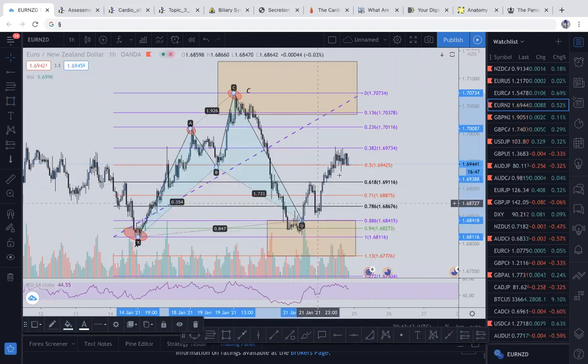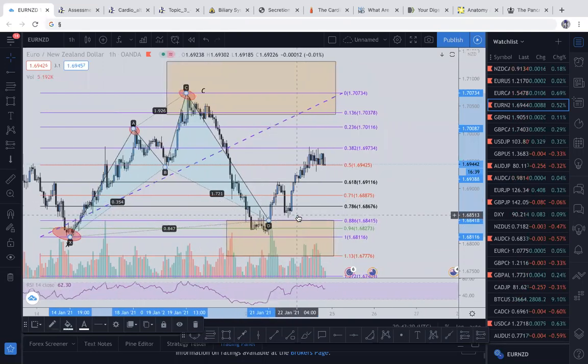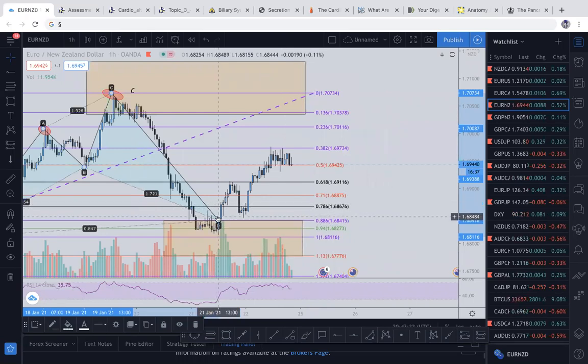Price reversed off. And since then, the Euro NZD has been bullish. I did say this yesterday on the call. I told people about the imbalance that was here, and I said price is going to come back and fill it. Indeed, price came back, filled it today. So anybody that took the trade, well done.